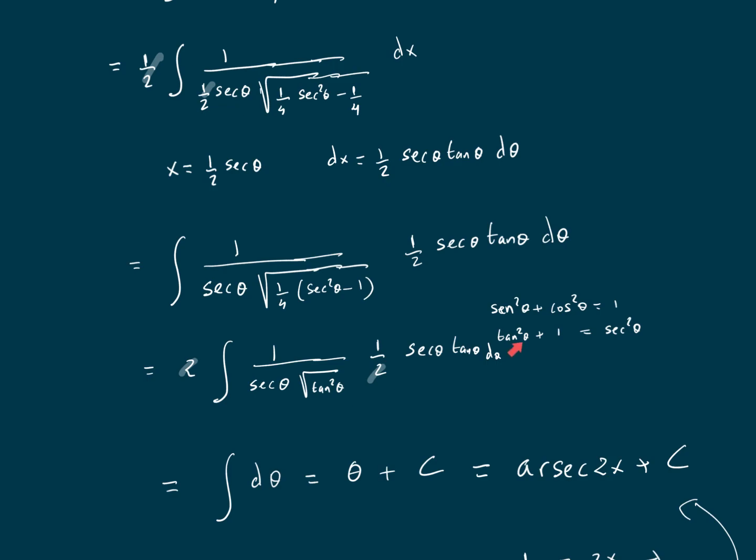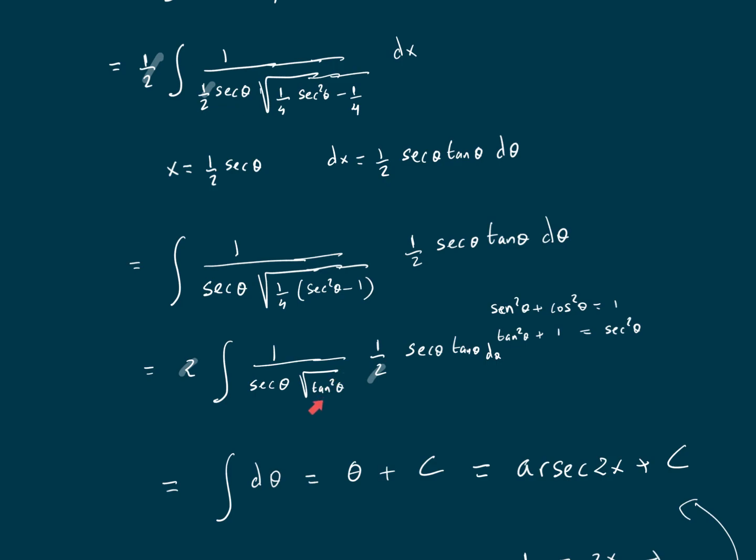So secant square of theta minus 1 is tangent square of theta. So the square root of 1/4 will be 1/2. It will be a 2 here, because 1/2 in the denominator means a 2 in the numerator. So it will be 2 times 1 over secant theta, times the square root of tangent square of theta. The square root of tangent square of theta is tangent of theta.